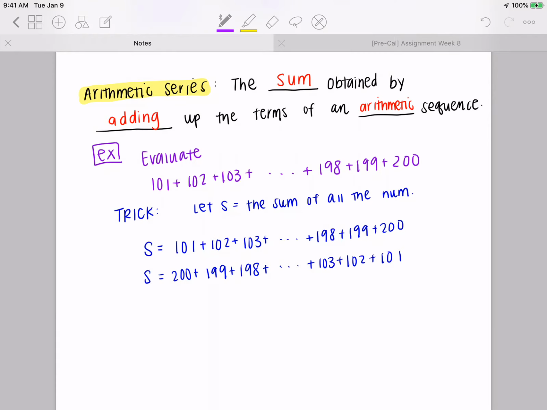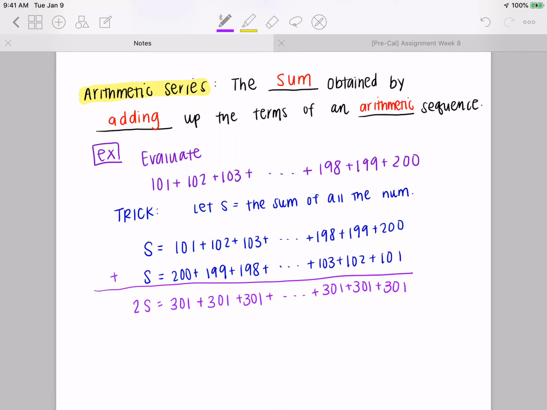And then I'm actually going to find the sum of these numbers, like from top to bottom. S plus S is going to be 2S equal to, what happens if I add up these numbers together? It's going to turn into 301, and then add up these two numbers, we get 301, 301 plus dot dot dot, and all of those are still 301.